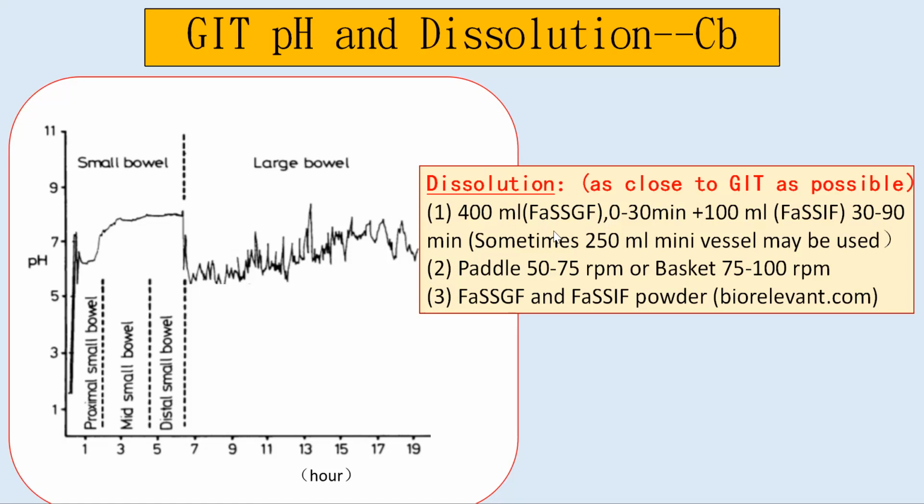That's why we design an initial fasting state simulated gastric fluid of 400 ml within the first 30 minutes. After that, we add concentrated fasting state intestinal fluid to become pH 6.5 eventually, okay? That mimics the GI tract pH plus media, okay?